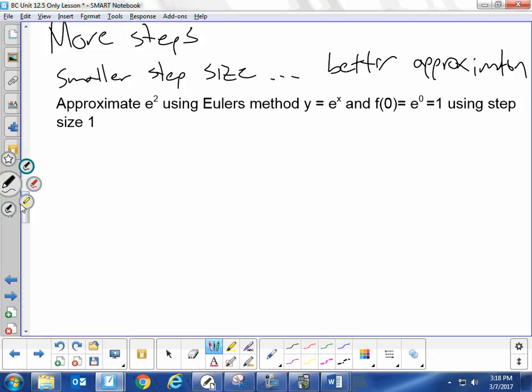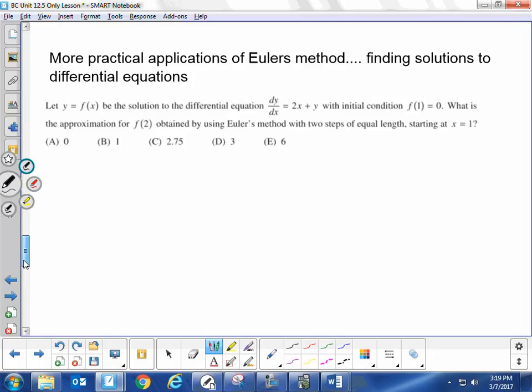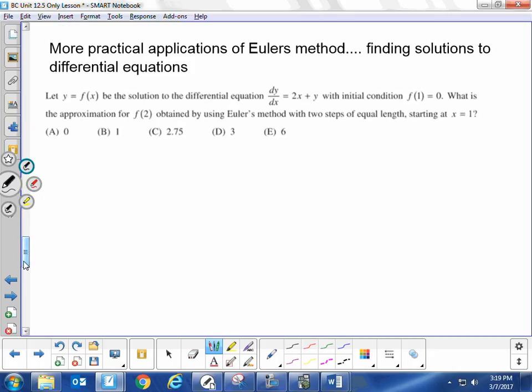Okay. Let's move on. We could do this one, but more practical applications of Euler's method is to find potential solutions to differential equations. Certain differential equations like dy/dx is equal to 2x plus y, you all do not know how to solve.